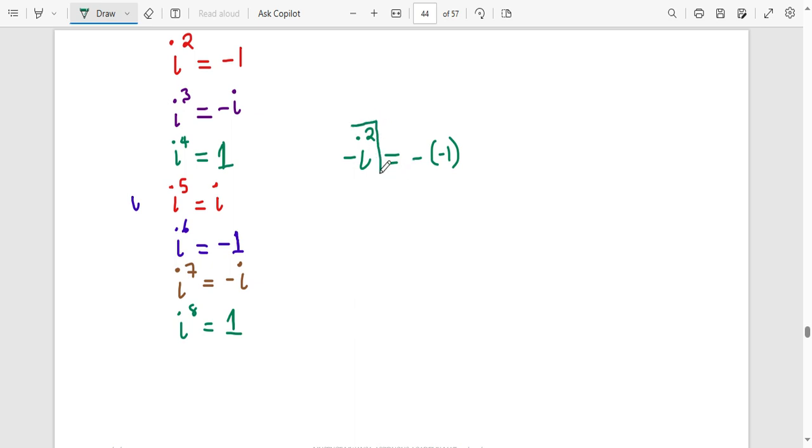Remember, i squared is negative 1, so where there's i squared, that's where we put negative 1. Do you get this?